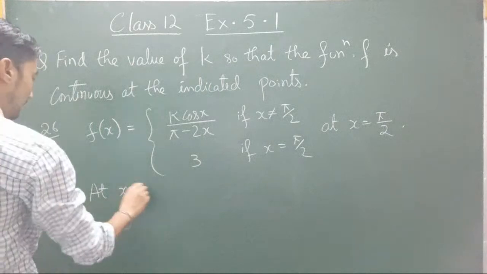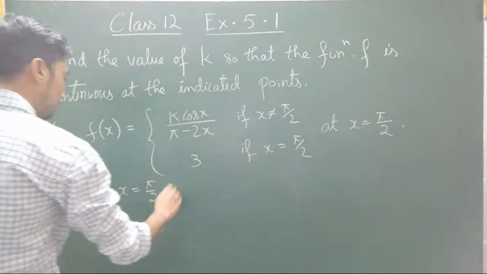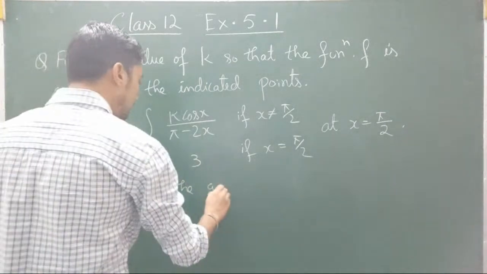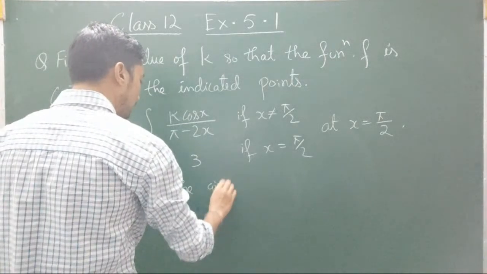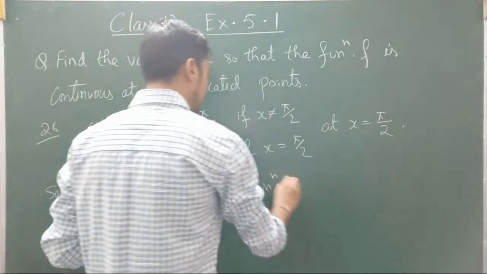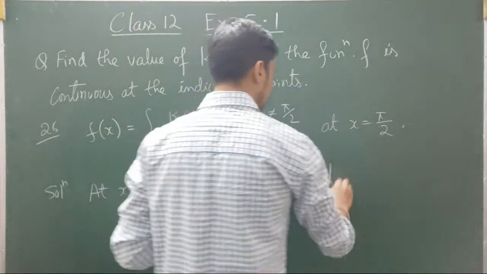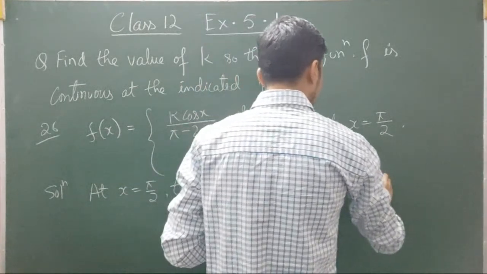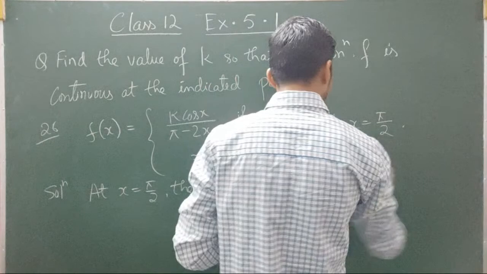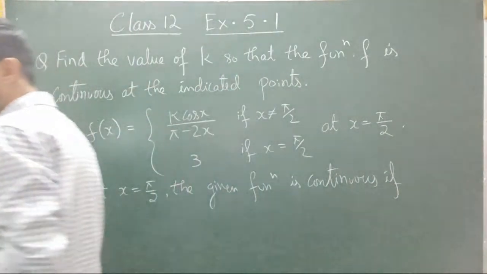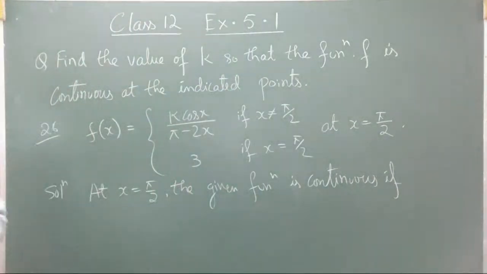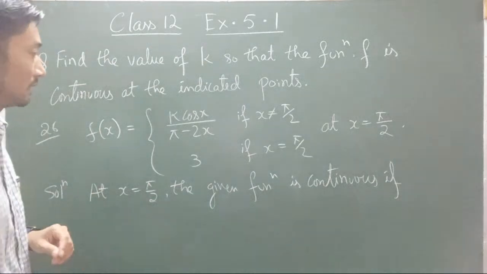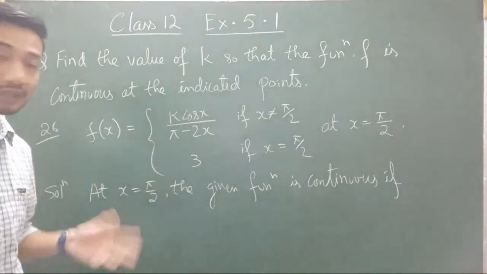At x equal to pi by 2, the given function is continuous. We don't have to prove whether it's continuous or not. You're just supposed to find out the value of k for which the given function at the indicated point will be continuous.